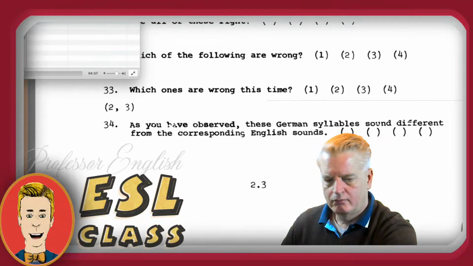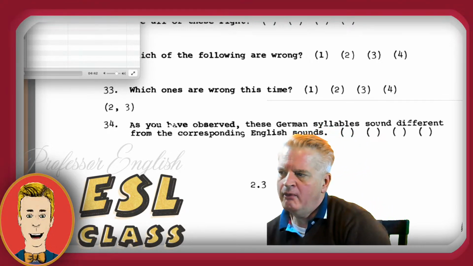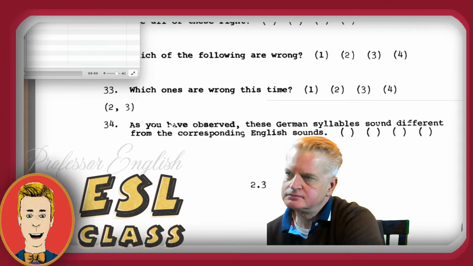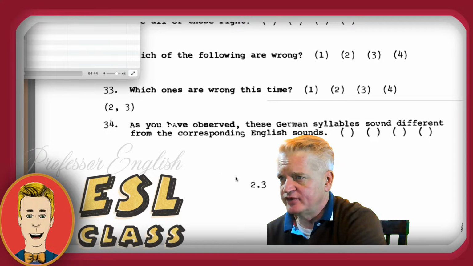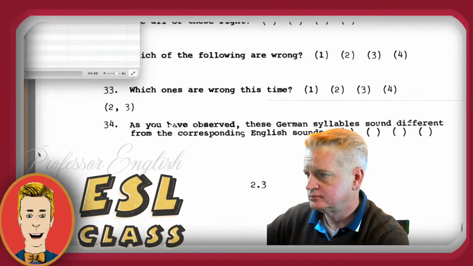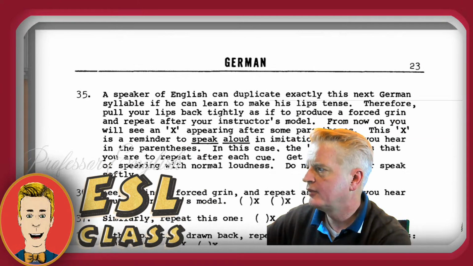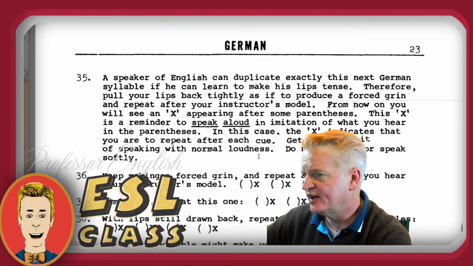Wie, do, gate, schon. 34. As you've observed, these German syllables sound different from the corresponding English sounds. Wie, du, geht, schon.